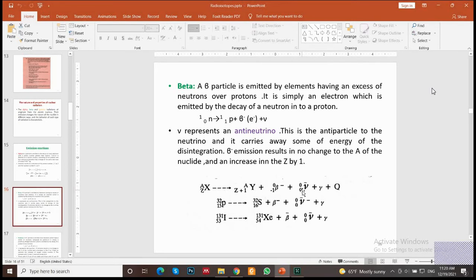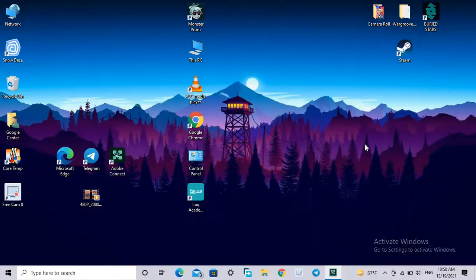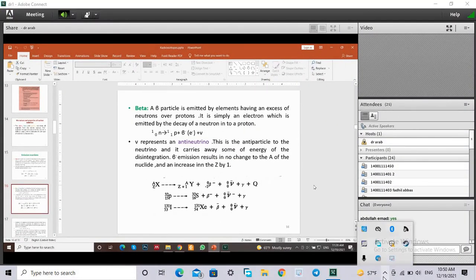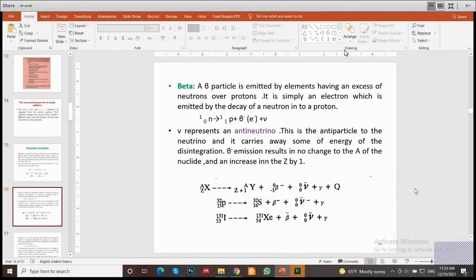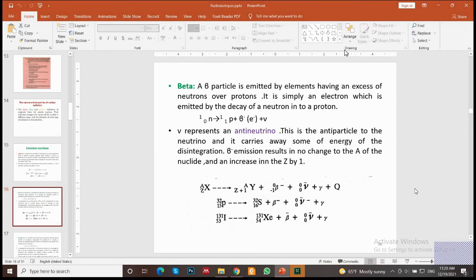In fact, we can say the antineutrino is produced to maintain energy conservation between the two sides of the equation.